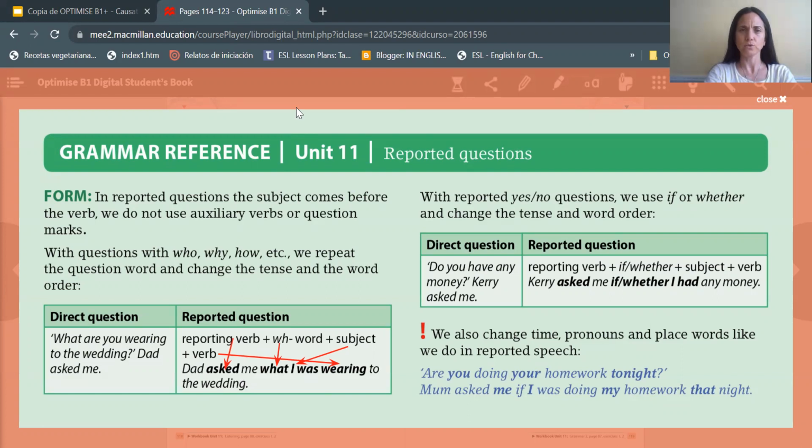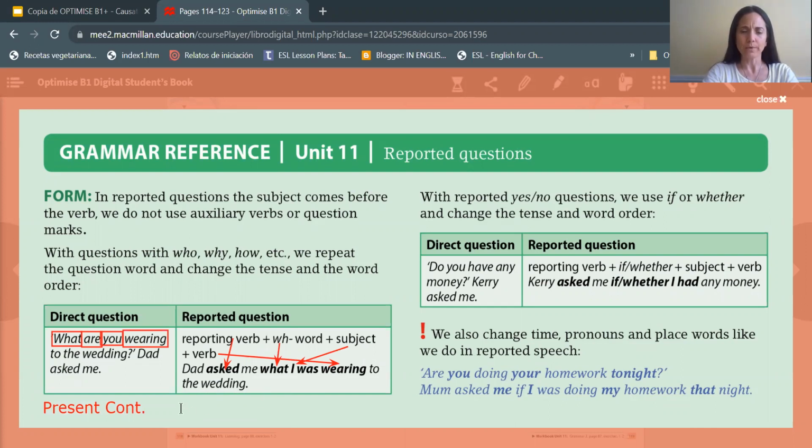So first thing to take into account. The word order here was what plus the auxiliary verb are plus the subject you and then the verb wearing. Okay? This is in present continuous. Okay, now check here. What is the tense?